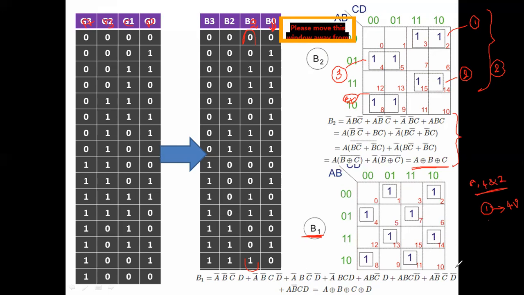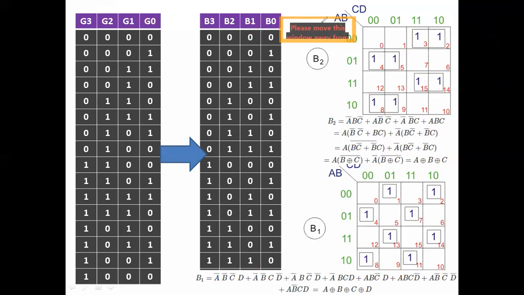After reducing this expression, we can obtain the result A XOR B XOR C XOR D. This is the equivalent binary for the given gray code.